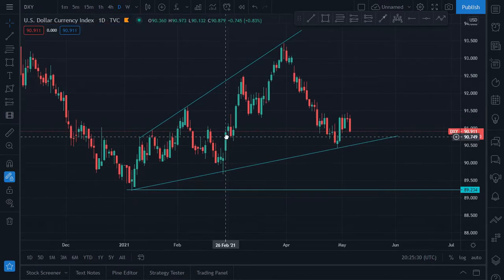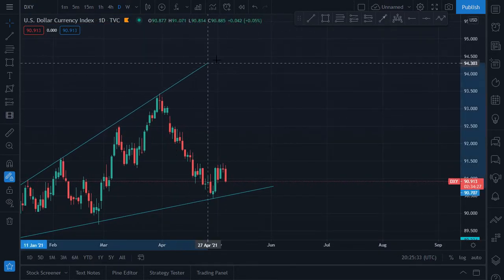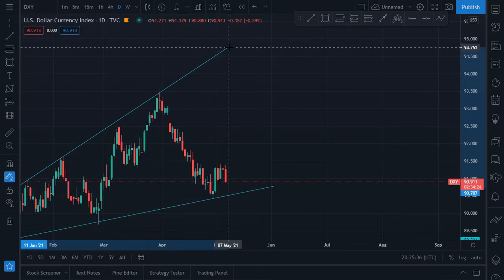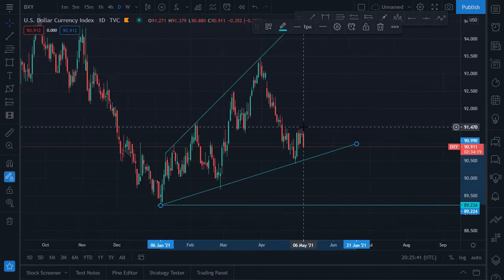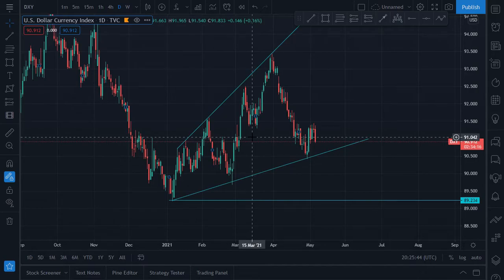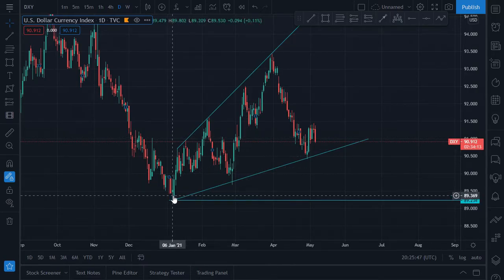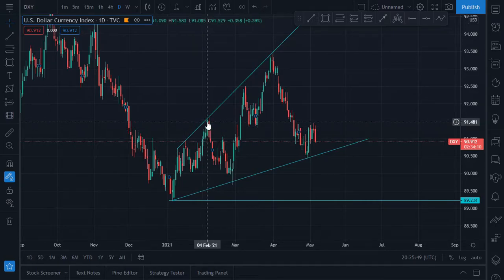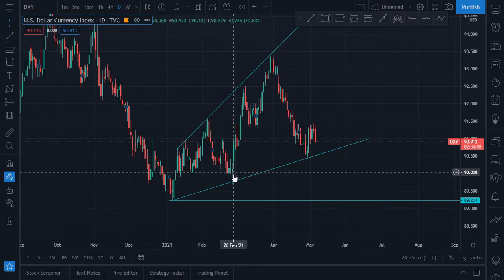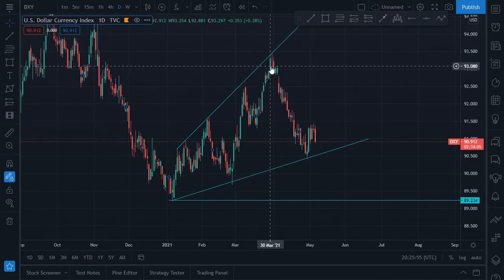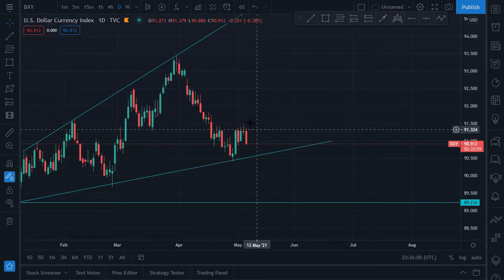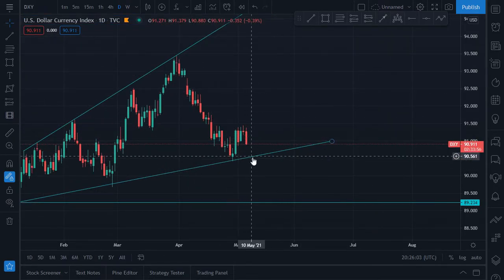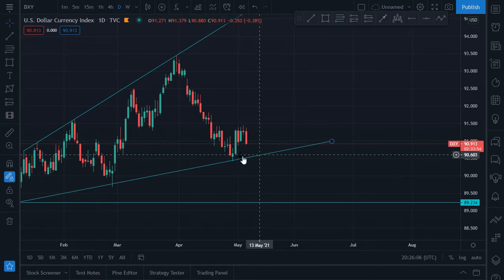What you can see is that the market has this resistance over here and this uptrending support. Right now the market is on an uptrend, because here we had a lower high, a lower low, and then a higher high, then a higher low, higher high, higher low, higher high, then the market dropped all the way to the downside. So the market might bounce on this uptrending support and shoot upwards.